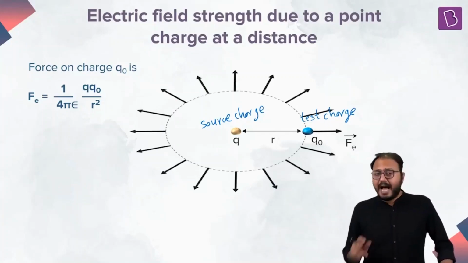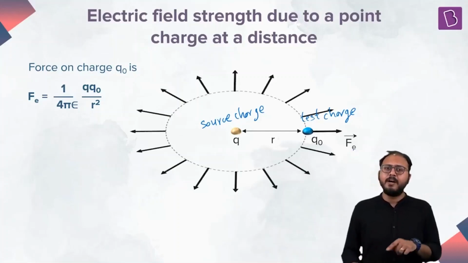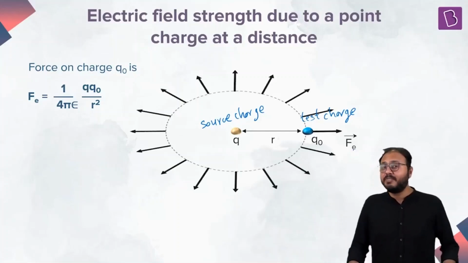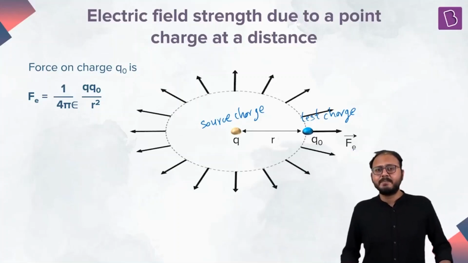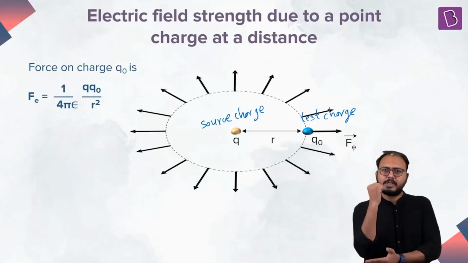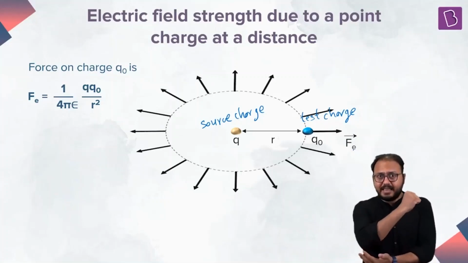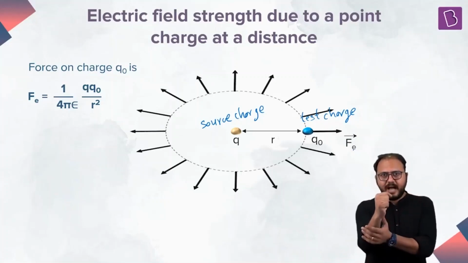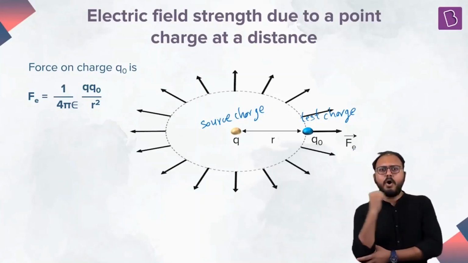In fact, I could have put this charge Q naught anywhere on the boundary or circumference of this circle, isn't it? Incomplete? Why circle? Sphere. If Q, the source charge, is at the center, at the pivot, my radius vector R could move in all possible 3D directions, right?